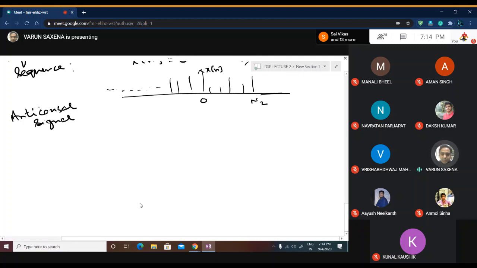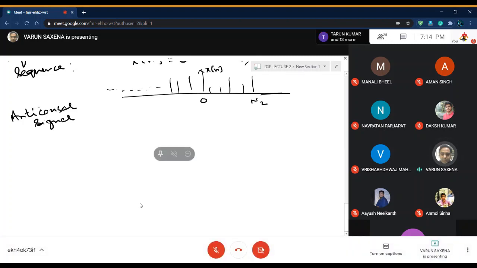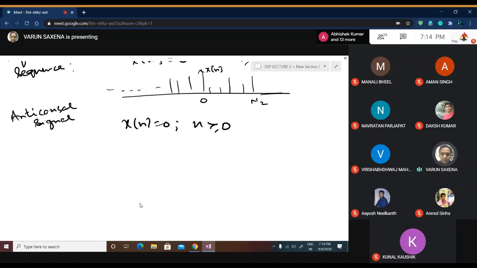Looking at what we have been doing, can anybody tell me? x[n] is 0 for n greater than or equal to 0. x[n] equal to 0 for n greater than or equal to 0 is an anti-causal signal. That means no part of the signal is going to be on the right-hand side of n equal to 0.